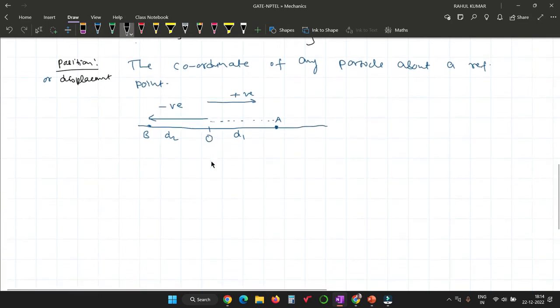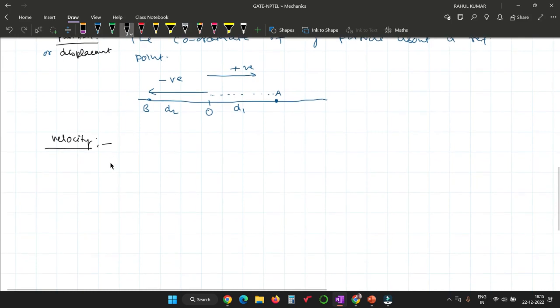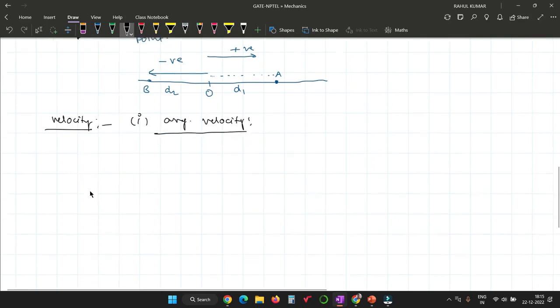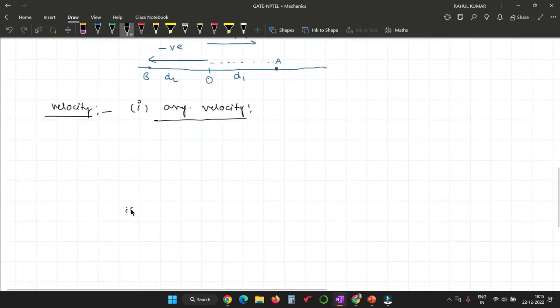Okay, so let's talk about velocity. Velocity is actually of two types. The first is called average velocity. Tell me what is average velocity? And second is instantaneous velocity.